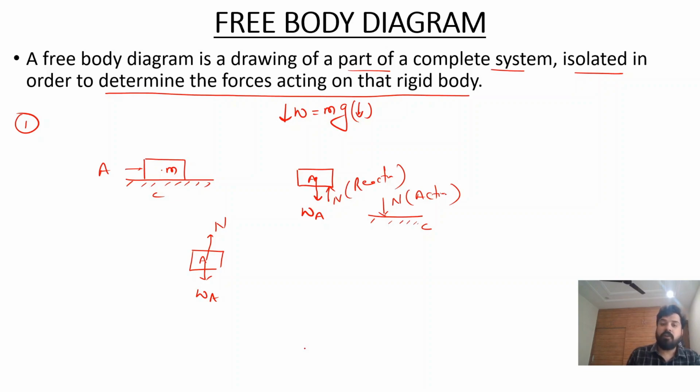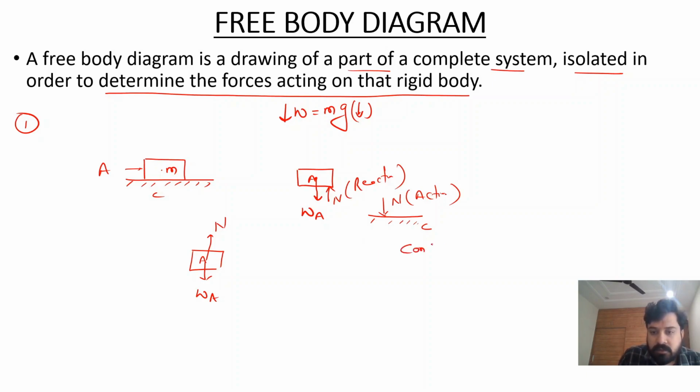If we want to calculate the value of N, we take the equilibrium condition. What is the equilibrium condition? A body is said to be in equilibrium only when the net force acting on the body is zero and the net moment on the body is zero.